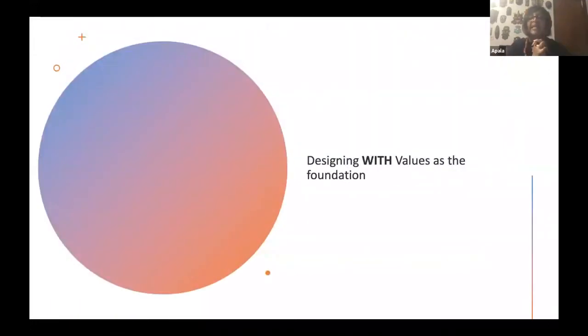So while it's designing with communities and not for, the other is designing with values, with universal human values, which one needs to keep right in front. Just like Eric talked about the Sustainable Development Goals, the 17 goals that the United Nations has put there as ways to constantly think about these areas that need to be changed, because there is so much inequality in each of these areas.